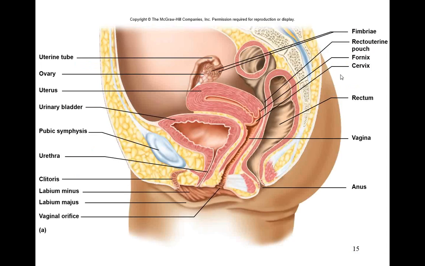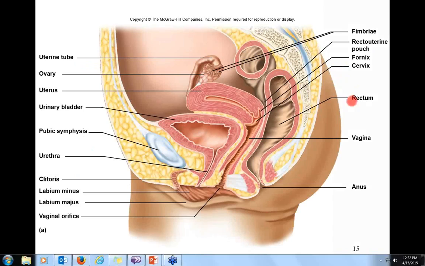So we'll start with the gonads, just like we did with the males. Here are the ovaries. Again, this is a sagittal section, so you only see one half. Here are the uterine tubes, also known as the fallopian tubes. These are fimbria that are going to catch the egg during ovulation when it's released from the ovary.